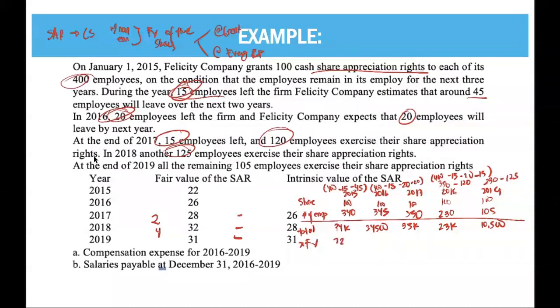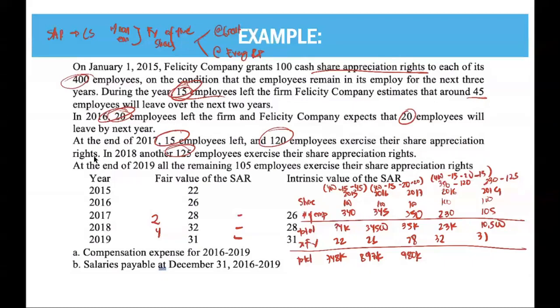So the fair value is 22, 26, 28, 32, 31. As you can see, we use different fair values. We did not use a fixed amount for your fair values. So this is the total amount: 34,000 times 22, we have 748,000. 34,500 times 26, 897,000. 35,000 times 28, we have 980,000.